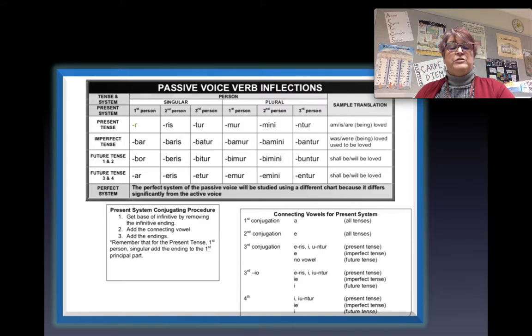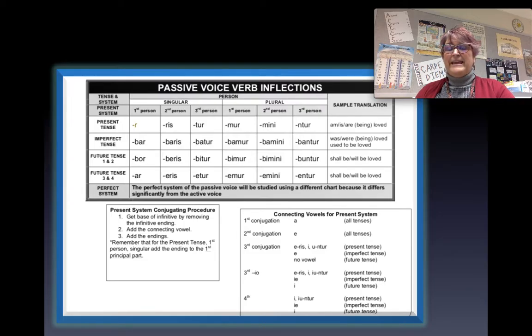Here is what the future tense endings for third and fourth conjugation passive voice sound like. Ar, aris, atur, amur, amini, entur.